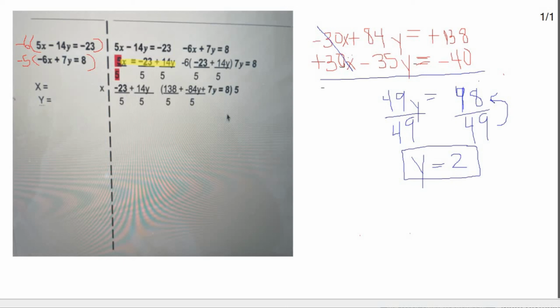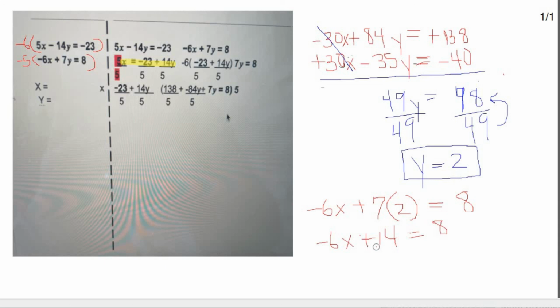It makes it easier. Okay, so we're going to take negative 6x plus 7, and now we know what the y value is, so we're just going to insert it into the equation. We have 2 equals 8. So now we have negative 6x plus 14 equals 8.